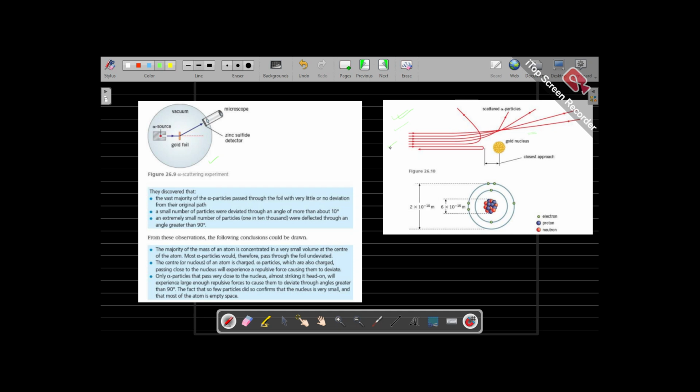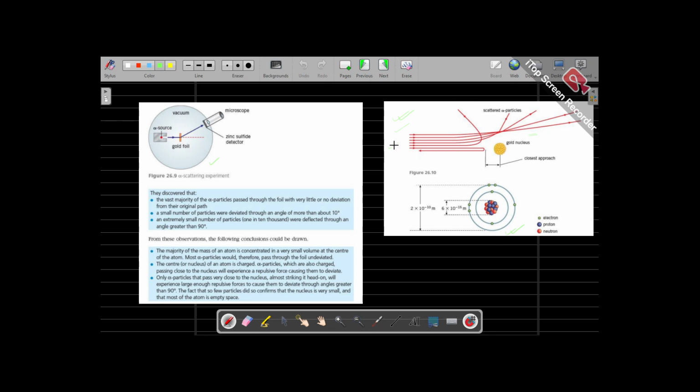That is, these were the ones which met the nucleus with head-on collision, and because their number was very small, it was suggested that very few alpha particles came in head-on collision with the nucleus, which led to the conclusion that the nucleus is a very tiny and dense region that lies in the center of the atom, and it is positively charged. And for your reference, this right here is the picture comparing the size of atom, that is the diameter of atom, with the diameter of nucleus.